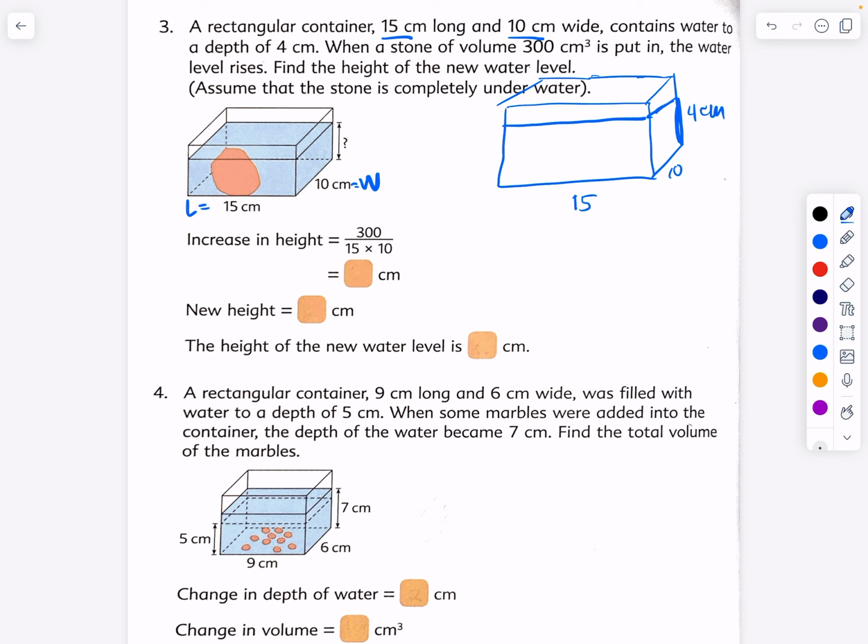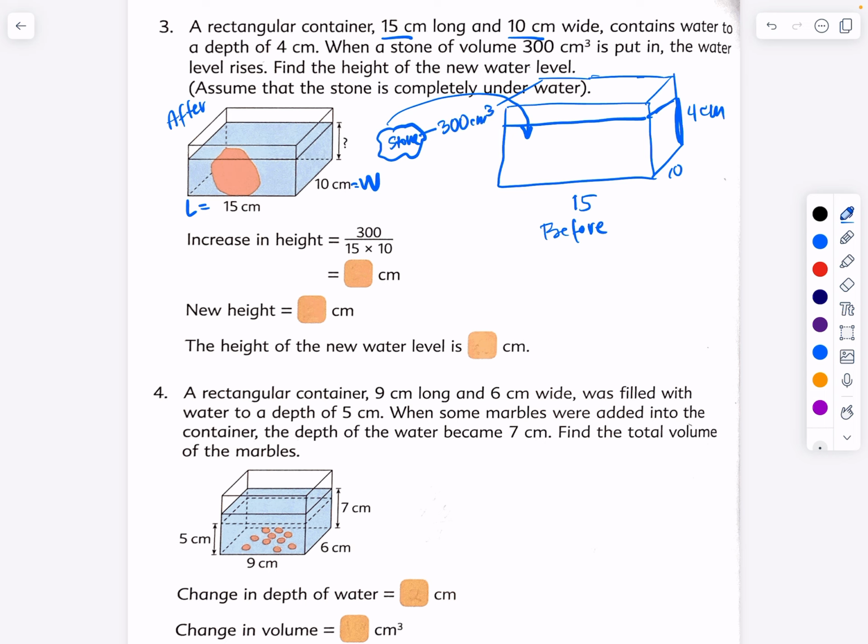When a stone of 300 cubic centimeters is put in, so this is before, empty fish tank, right? Before. And this is after. What happened? The stone was added, right? We have some kind of stone. It was added, and the volume of the stone was 300 cubic centimeters.